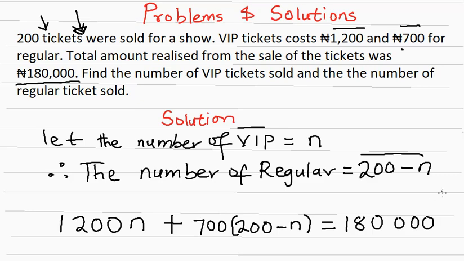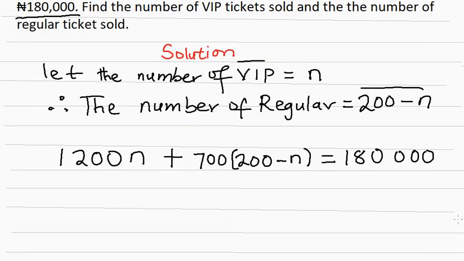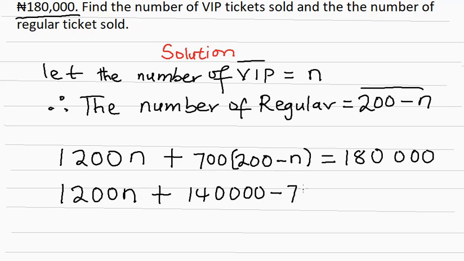You know what we do at this point, so let's simplify. Here I have 1200n plus, if I open this bracket, 140,000 minus 700n. That is equal to 180,000.